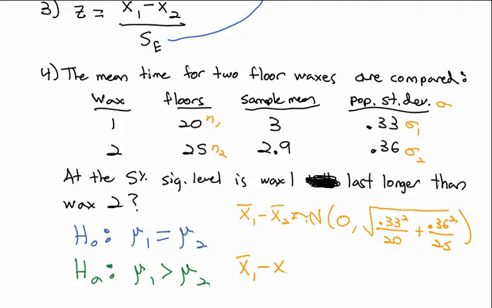So x1 bar minus x2 bar is normally distributed at 0, comma, and then we grab our calculator, square root of 0.33 squared divided by 20 plus 0.36 squared divided by 25 gives us 0.103.